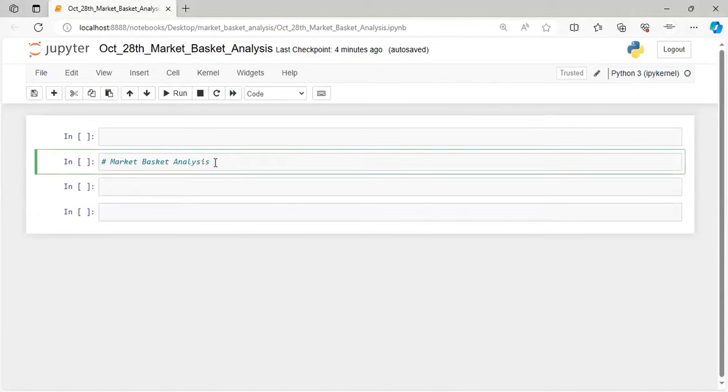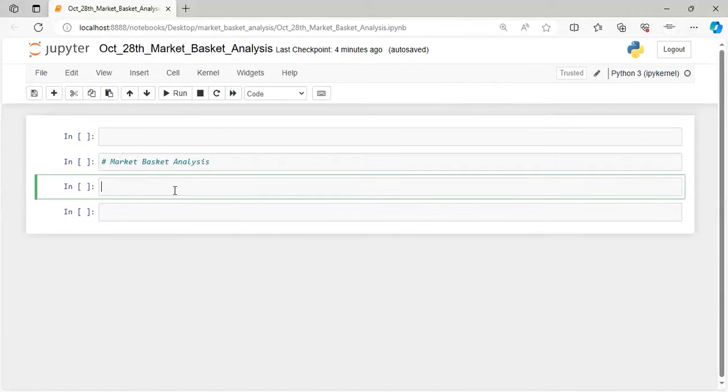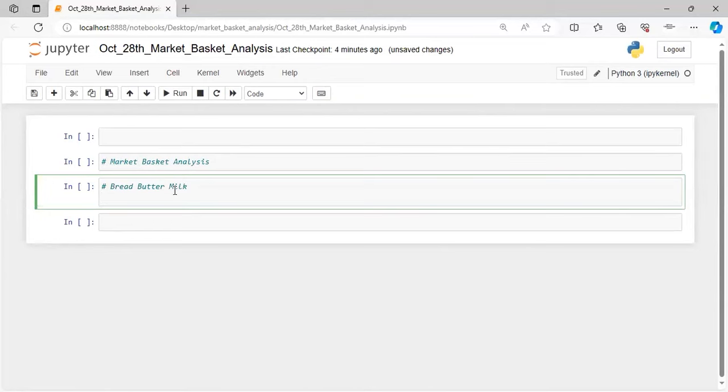So market basket analysis. One example you have told, bread, butter, milk. Okay. Another example.